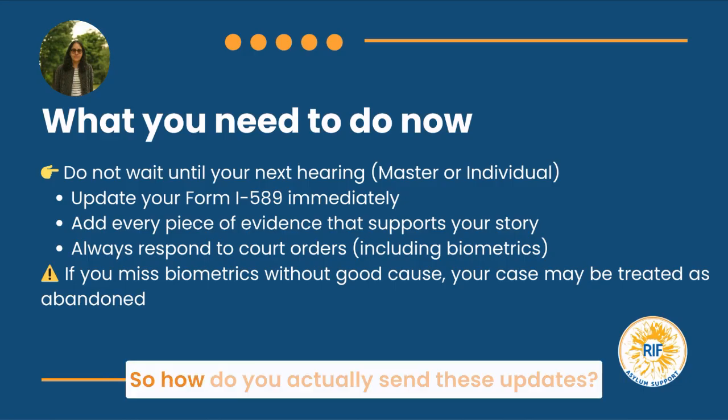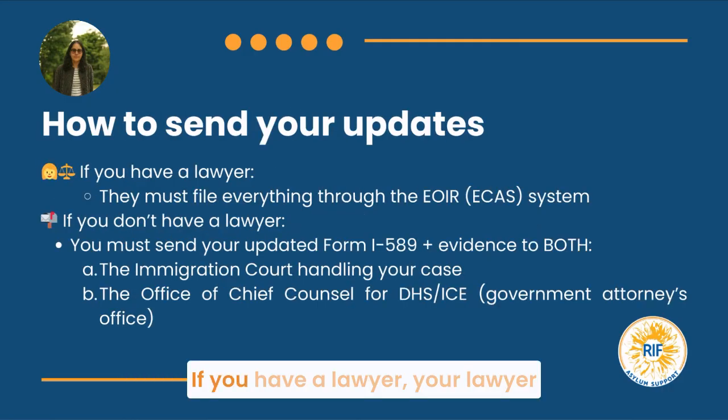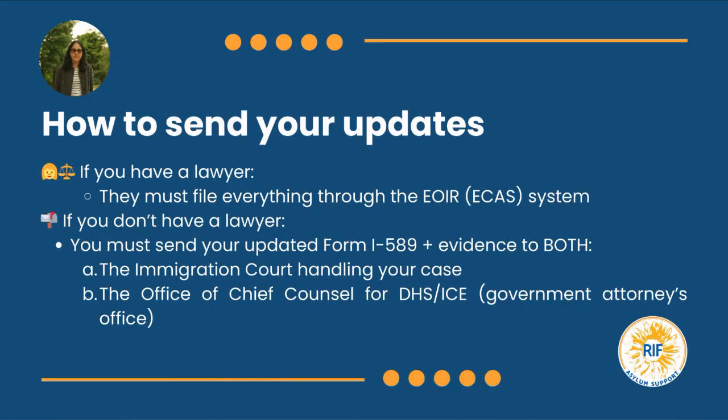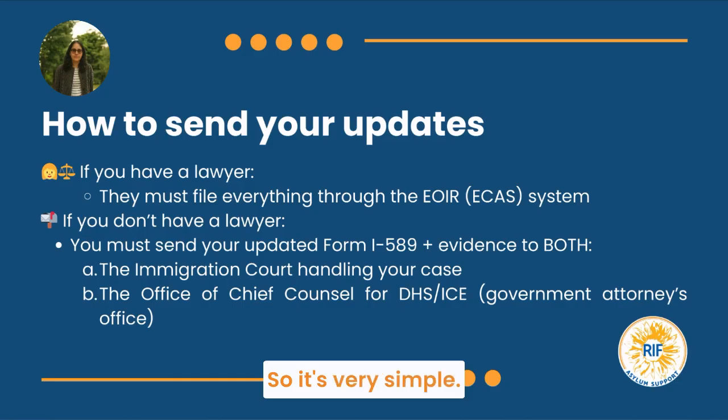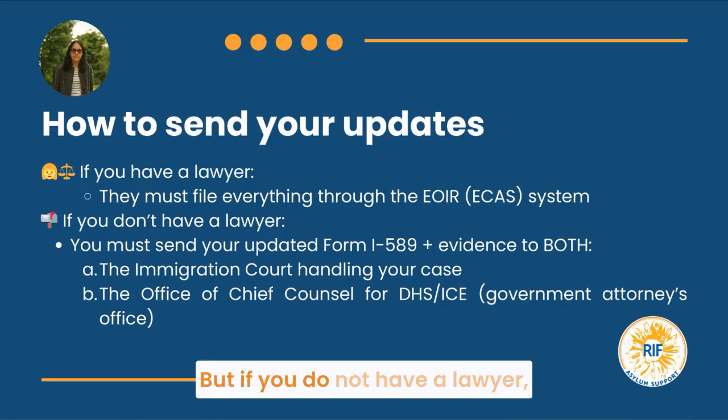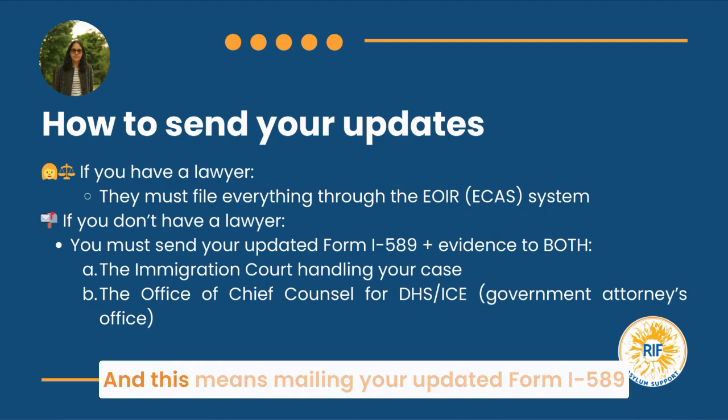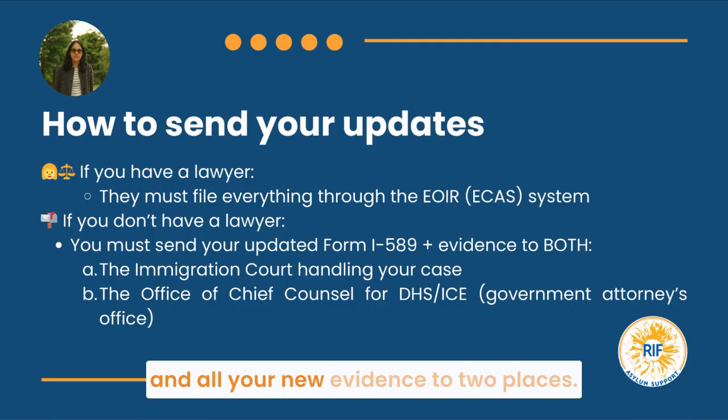So, how do you actually send these updates? If you have a lawyer, your lawyer will handle this for you through the EOIR electronic system. So it's very simple. But if you do not have a lawyer, you must do it yourself, and this means mailing your updated Form I-589 and all your new evidence to two places.